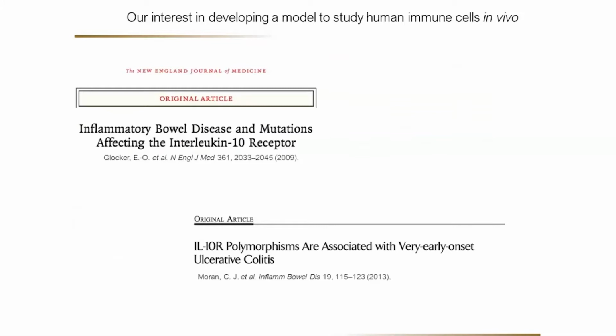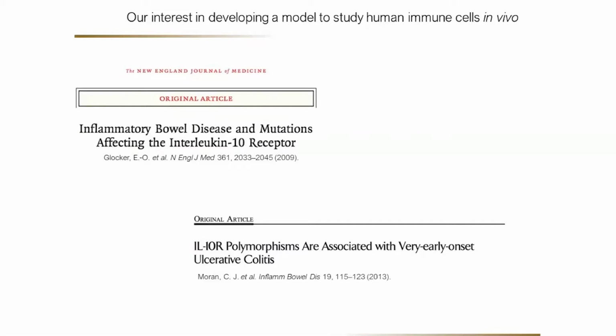But the problem was that these present early in life, usually in children less than 2 years of age, and so the opportunity to obtain samples to study the mechanisms driving disease pathogenesis is really difficult. We thought perhaps if we could use immune humanized mice, maybe that would give us an opportunity to study and characterize some of the immune dysfunction that was happening in these patients.